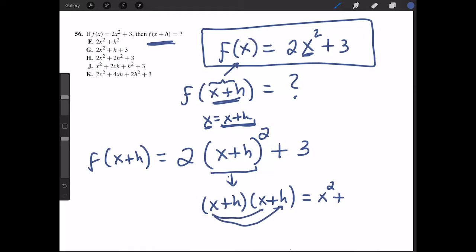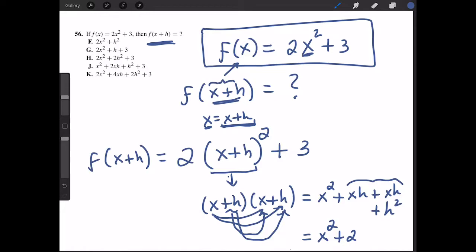So plus the first times the second, the h, so plus xh. And then the second, which is an adding h, times the first of that second parentheses, so plus hx, but we can rewrite it as xh, and then plus that second times that second, h times h, which is h squared. And so we get equals x squared.